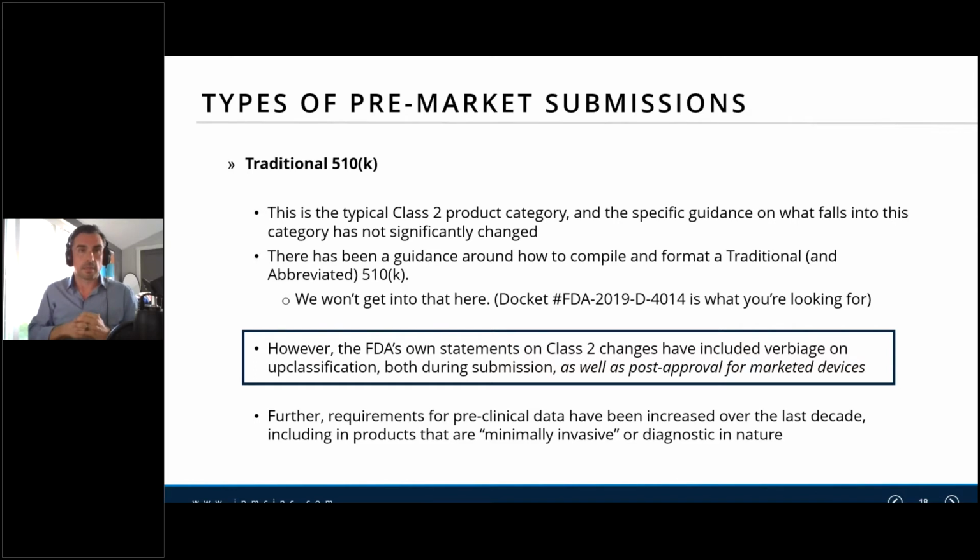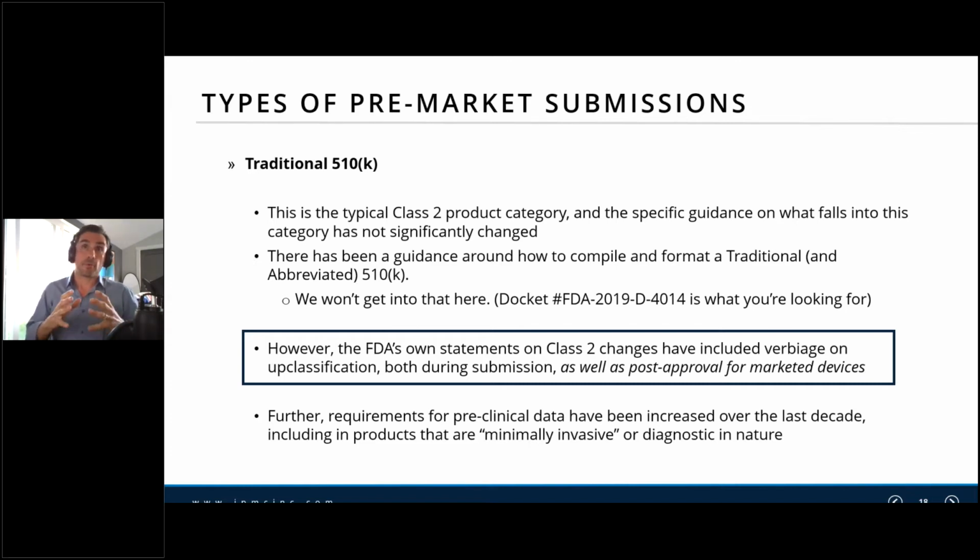And so again, not to belabor the point, but requirements for preclinical data have increased over the last decade, including in products that are minimally invasive or diagnostic in nature. So even recently, as Susan mentioned, I led an AI-assisted imaging system program.